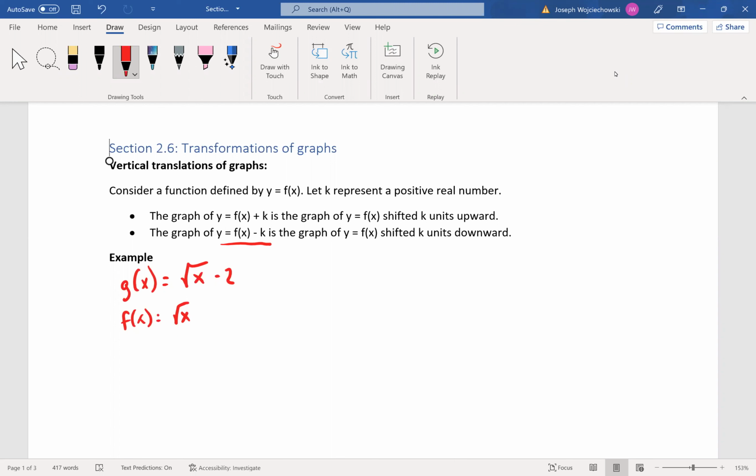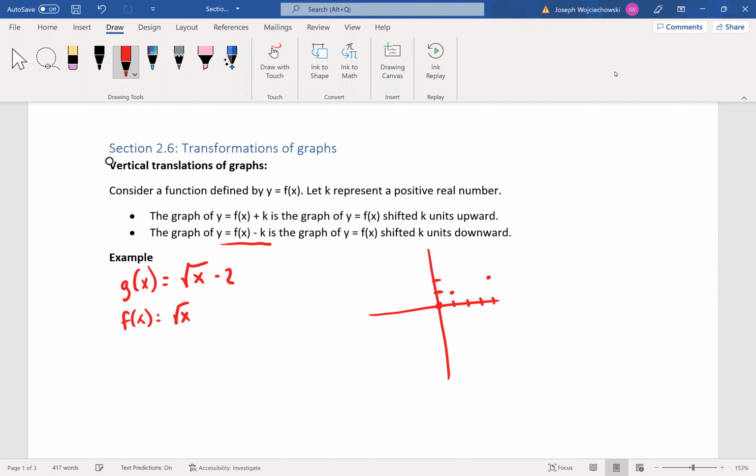So first, let's look at the graph of the square root of x. If x is 0, we have 0; if x is 1, we have 1; and if x is 4, we have 2.